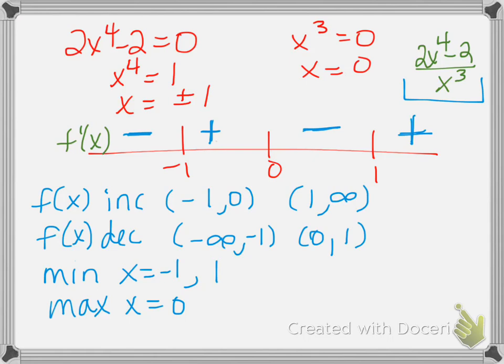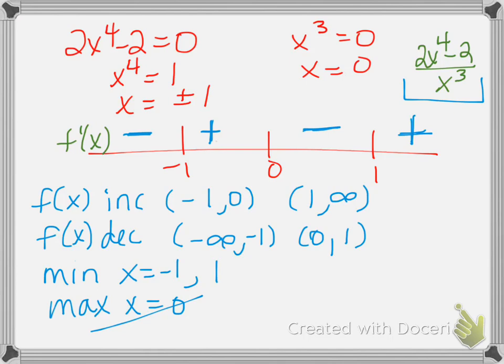However, this is a little bit tricky at 0 because 0 was a place where the derivative was undefined. But if you look at the original equation, the original equation is also undefined at 0, meaning there's not a y value at x equals 0. If there was, it would be a maximum, but really there's not a maximum.